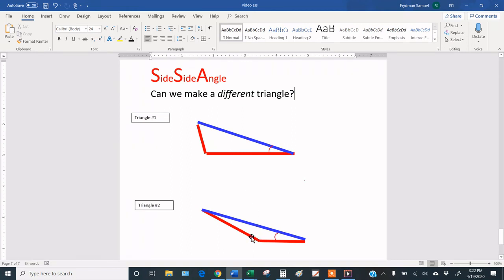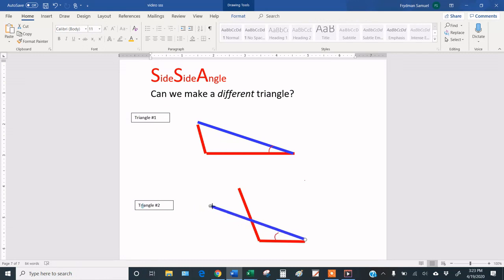So we notice that this angle over here is not locked, which means we are allowed to take this side and rotate it as long as we do not change how long it is. So let's say we rotated it to about there. Then the question becomes, can we take this side and bring it around to meet this one? Well, it is a blue line. It's free. So we are allowed to change how short it is or how long it is.